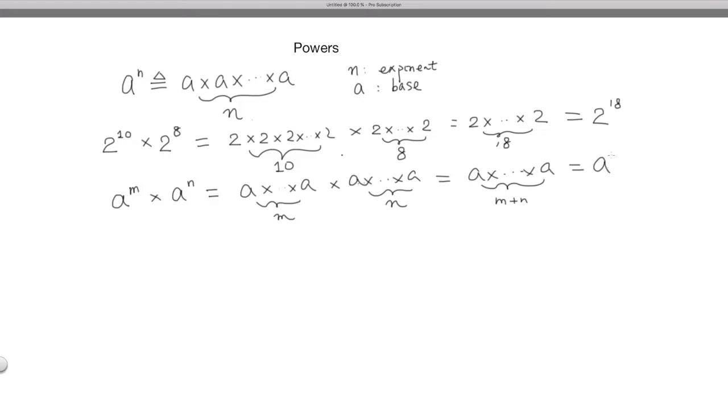This is a to the power m plus n by the definition of powers. So here we have law number 1: a to the power m times a to the power n equals a to the power m plus n. This is law number 1.